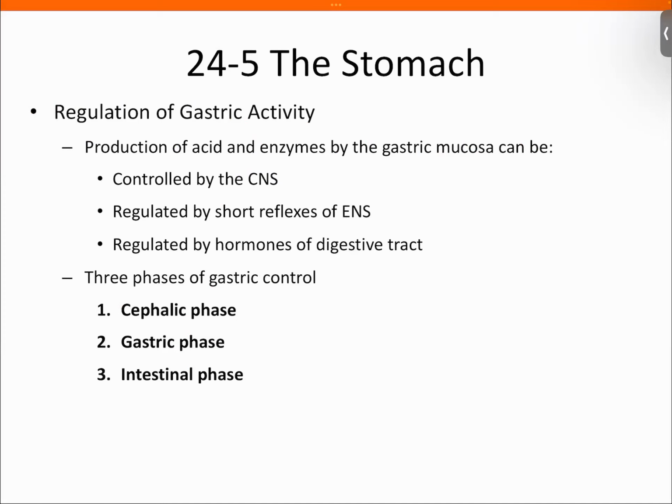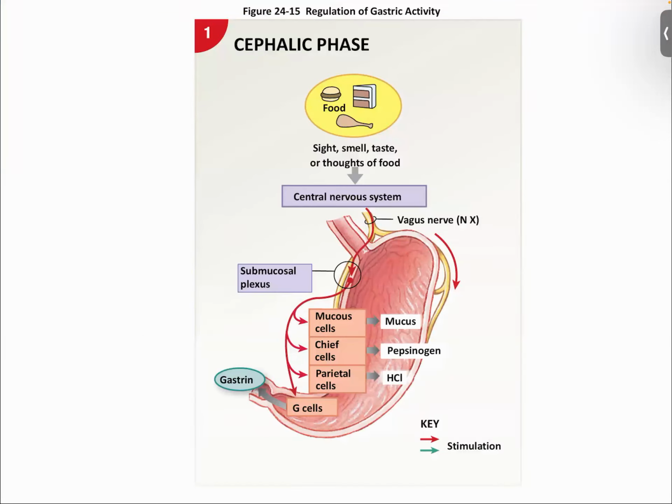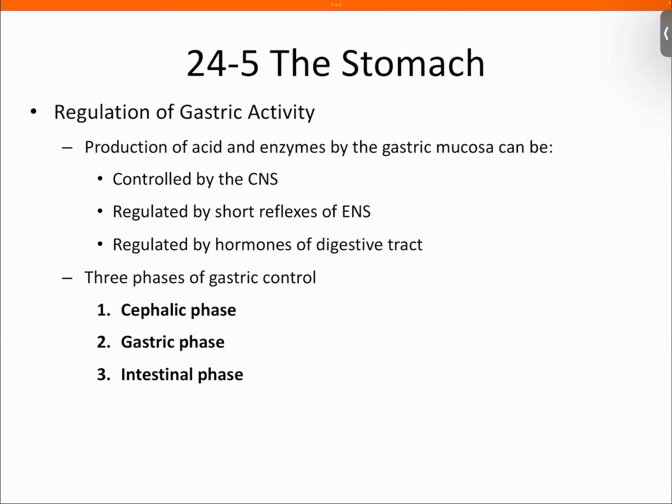So in terms of the phases that we just talked about that are being controlled by gastrin, we have a couple of different levels of control. I just want to intro this one. And we're going to start off by breaking all these down next time as we walk our way through them, because this is a really important section of the chapter itself. But control of this activity is controlled by your central nervous system. It's actually controlled by the vagus nerve.